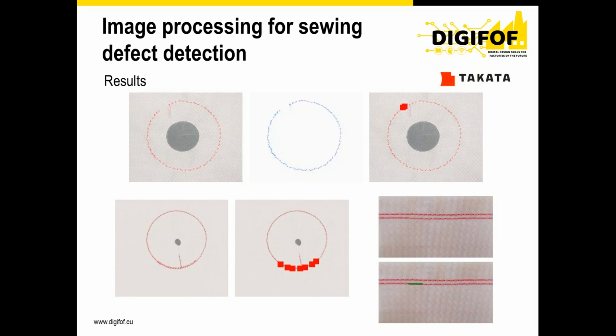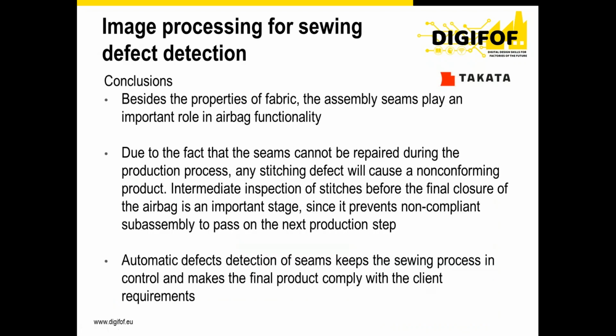We managed to find out where the thread was broken and the seam was loose. And of course, if due to some other mechanical properties the seam was doubled, or if it's not doubled, they have a miss in the seam.